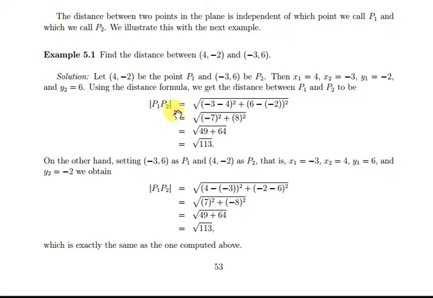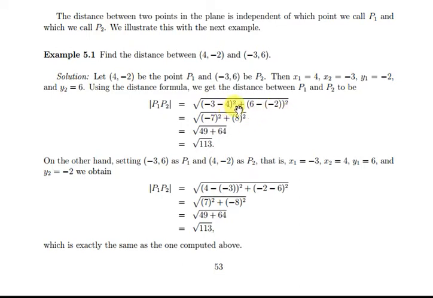Okay, so our formula is this: the absolute value of P sub 1 P sub 2 equals the square root of x sub 2 minus x sub 1 quantity squared plus y sub 2 minus y sub 1 quantity squared.